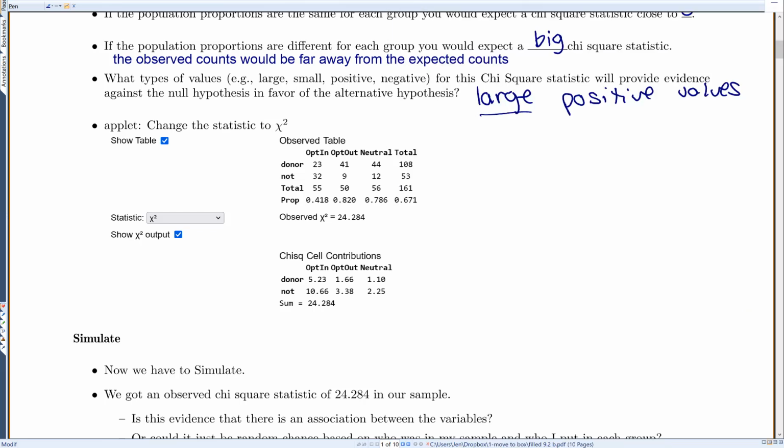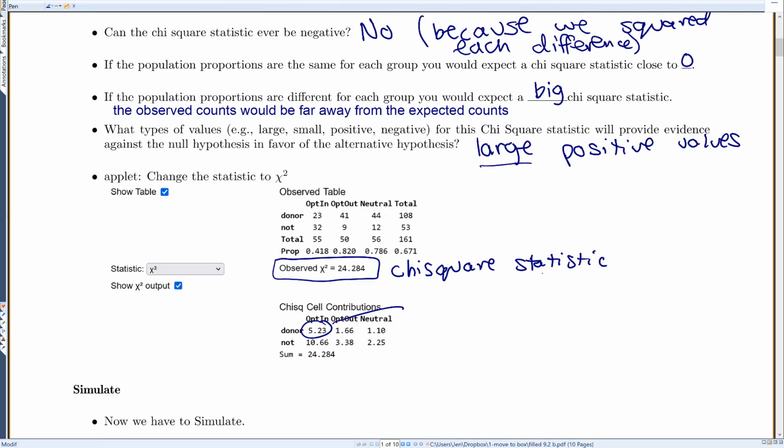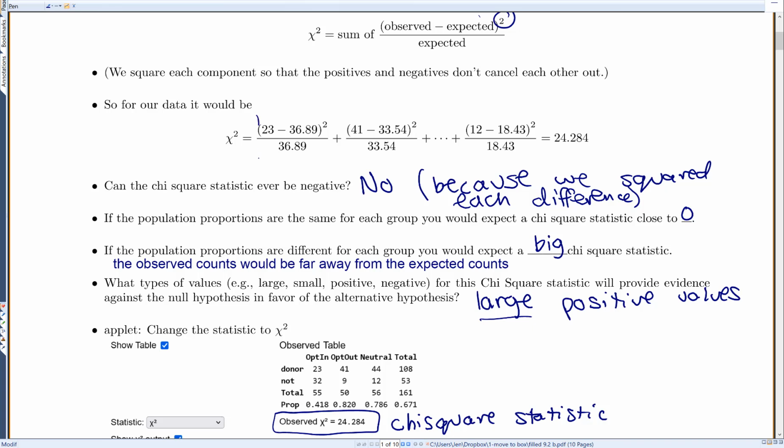Okay. So this is my observed table. It will tell you your observed chi-squared. That is our chi-squared statistic. Okay. And now these contributions are each part of the formula. So this 5.23 is the piece of the formula up here. This piece right here equals 5.23.